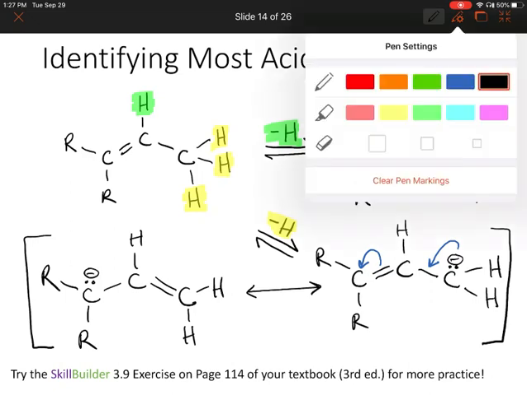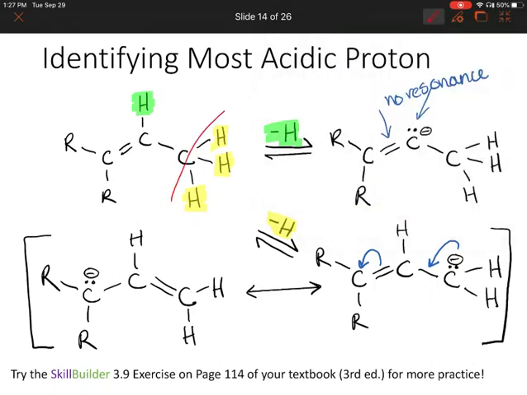So let's draw this in red, and we'll say more acidic next to those yellow hydrogens. So in an acid-base reaction with this molecule, the base is going to attack one of the yellow hydrogens first.